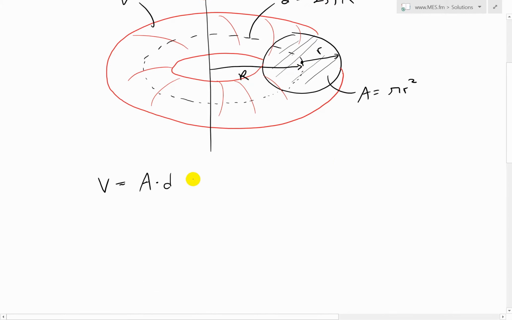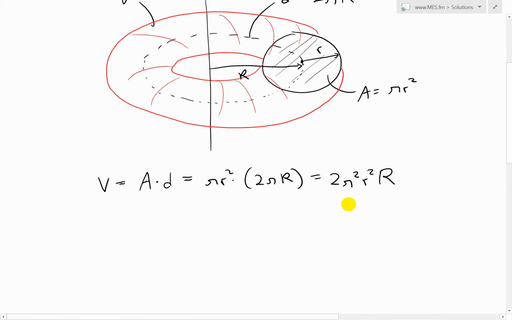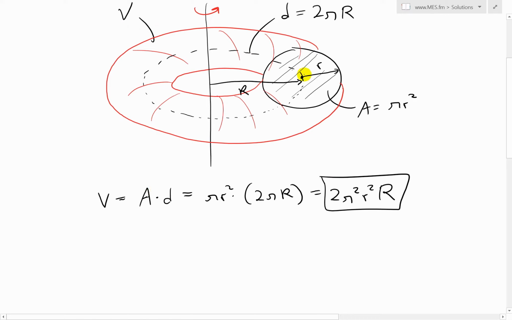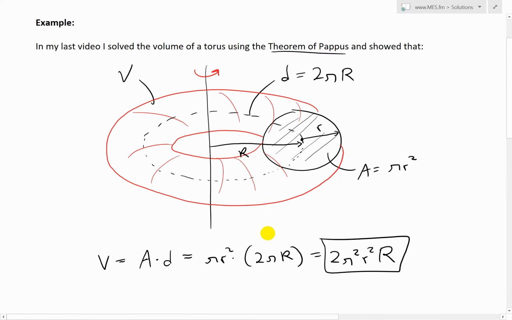So the volume of this torus is the area, pi r squared, times d, which is 2 pi R. Simplifying, we get 2 pi squared r squared R. Circle that. That was very simple, just applying the theorem of Pappus, which is the area of the region times the distance that the centroid travels.